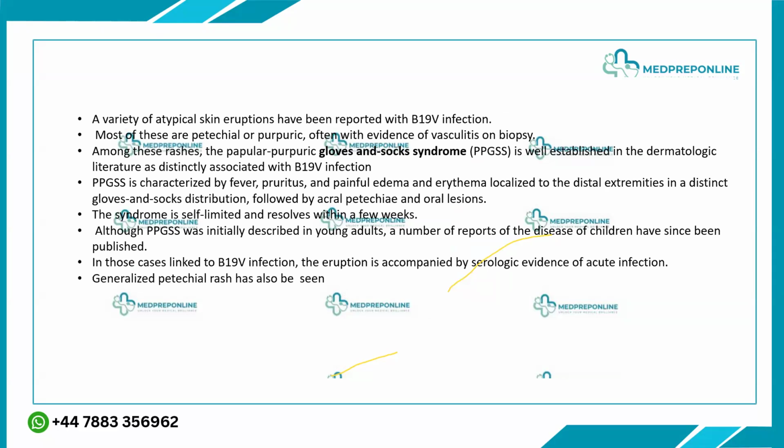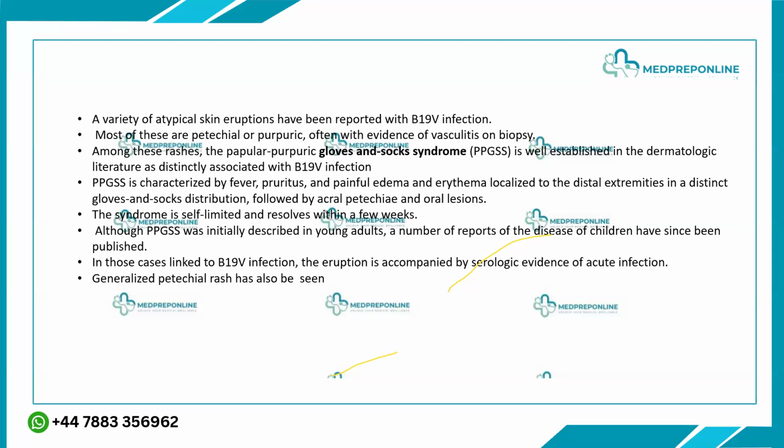A variety of atypical skin eruptions have been reported in this viral infection. Most of these are petechial or purpuric, often with evidence of vasculitis on biopsy. Actually, जब भी petechiae या purpura आएंगे तो vasculitis का element होगा, ठीक है?